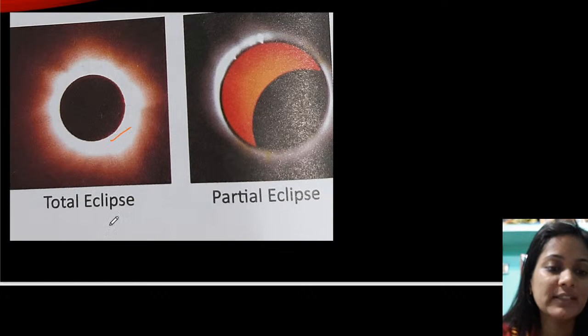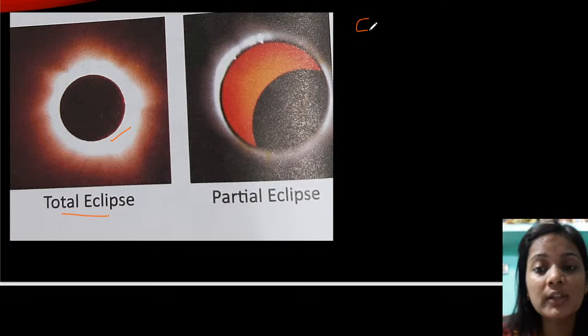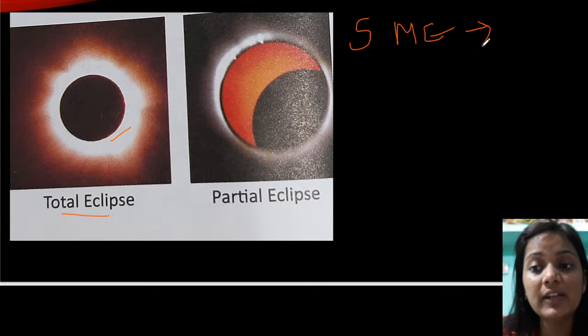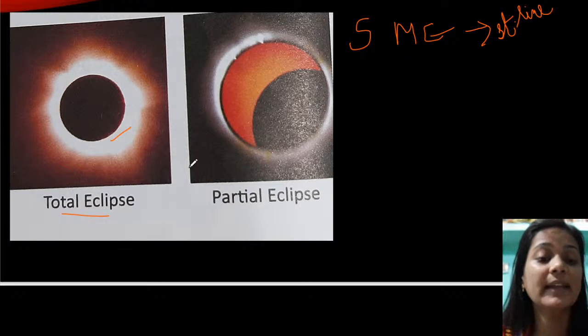So you can see the picture of the total eclipse. It happens when all these three, sun, moon and earth, are arranged in a straight line. We can say it is a total solar eclipse.